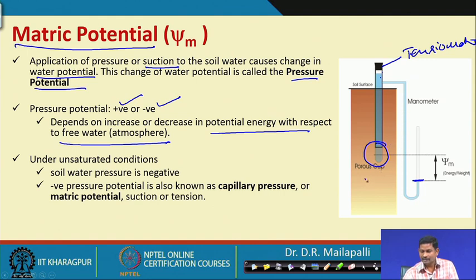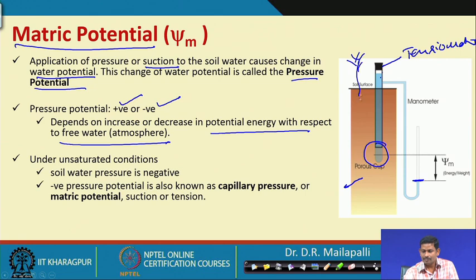After a few days, the manometer level is going to go down, because the water present in the soil is going to deplete due to the water taken up by the plant.